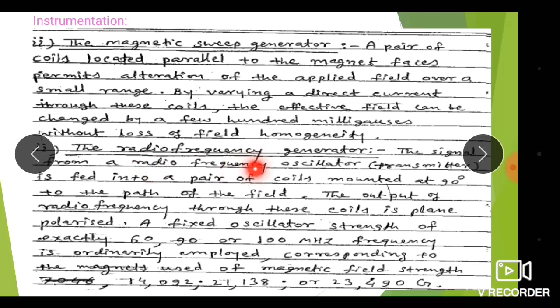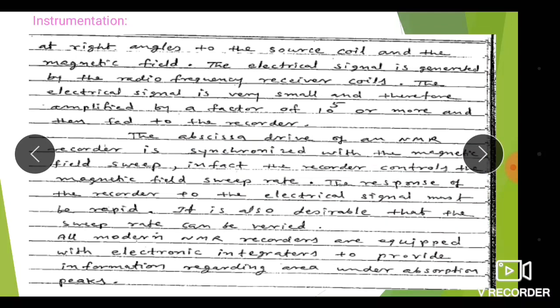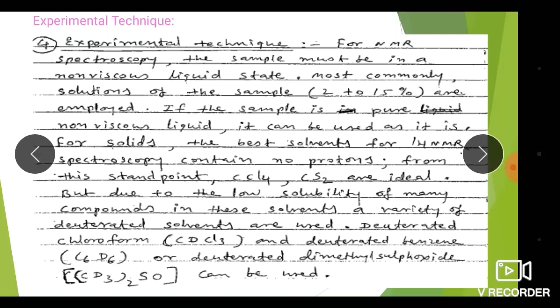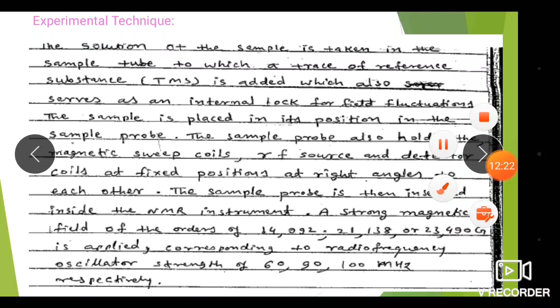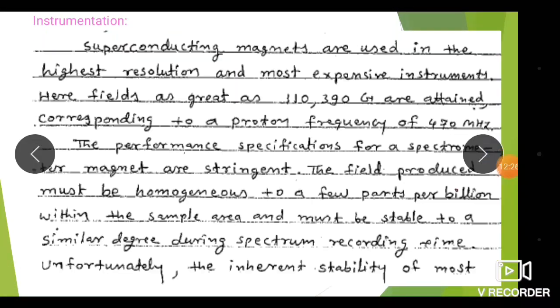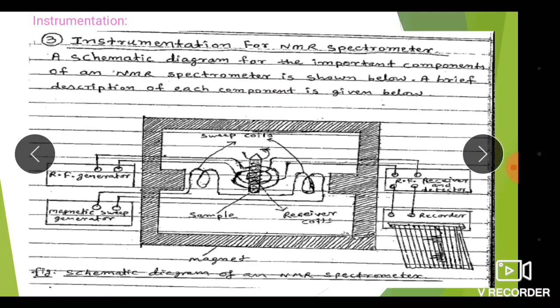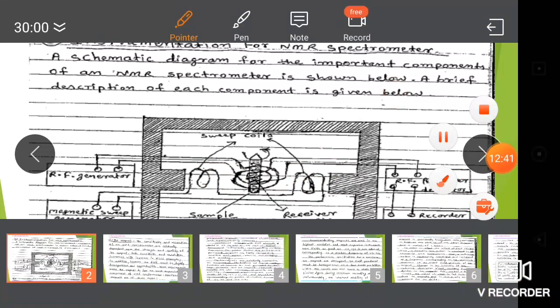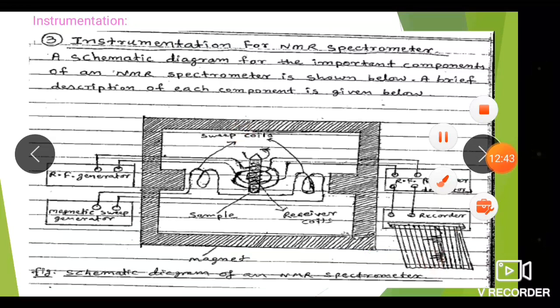Such a coil you have seen in the instrument. Parallel coils are there, the magnetic sweep generators. What is the use of this magnetic sweep generator?